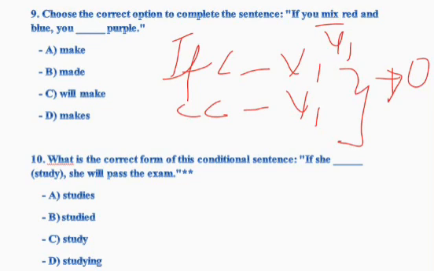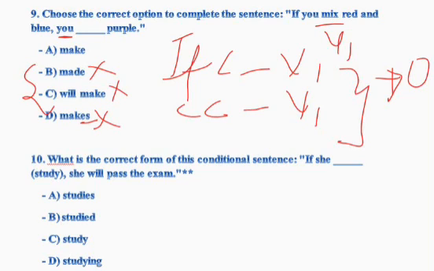So made, will make, would make would not be the answer. We have to choose either A or D. The subject here is you, so it is taken in the plural form, and this is a singular form that doesn't go with you.